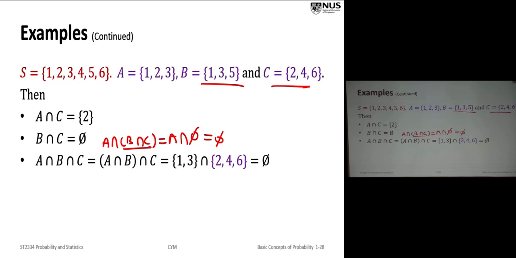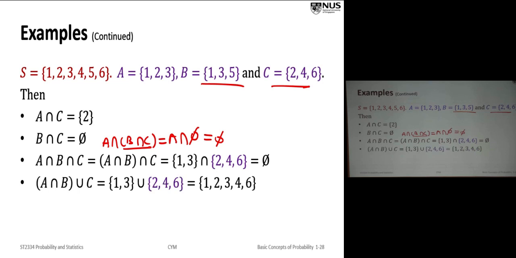But like in the last statement here, where there's both intersection and union, you have to be careful. If you do the intersection first, versus the union first in the second statement, the answers are not the same.